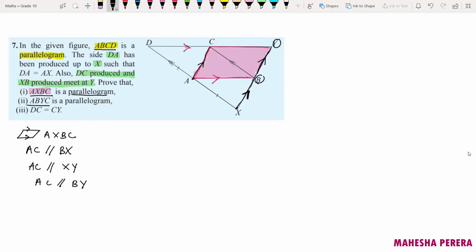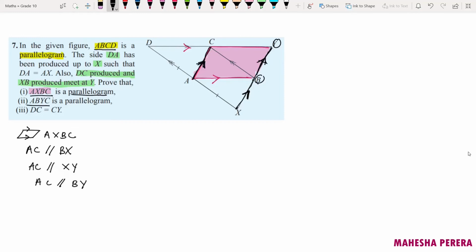Okay. So don't get it confused. Right now, we are inside our quadrilateral. AC is parallel to BY, right? And then what else can we see?